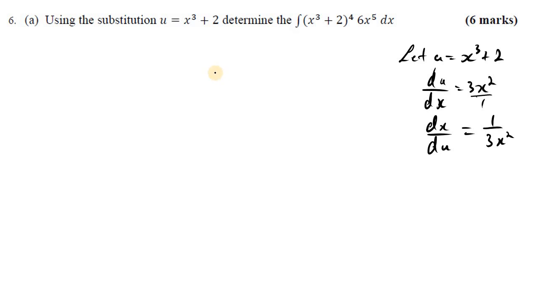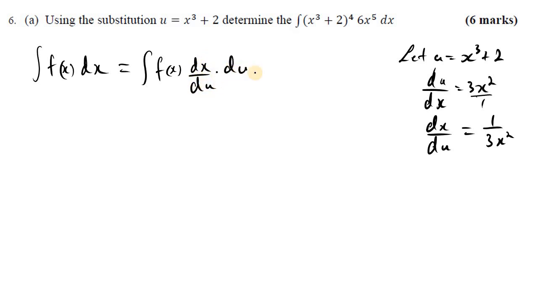Well, when we're integrating, let's say f of x with respect to x, one way we can actually rewrite this is the integral of the function, and then we put dx over du with respect to du.